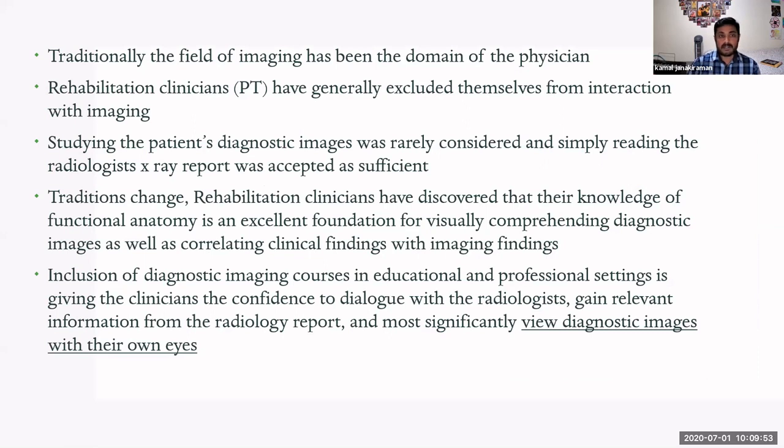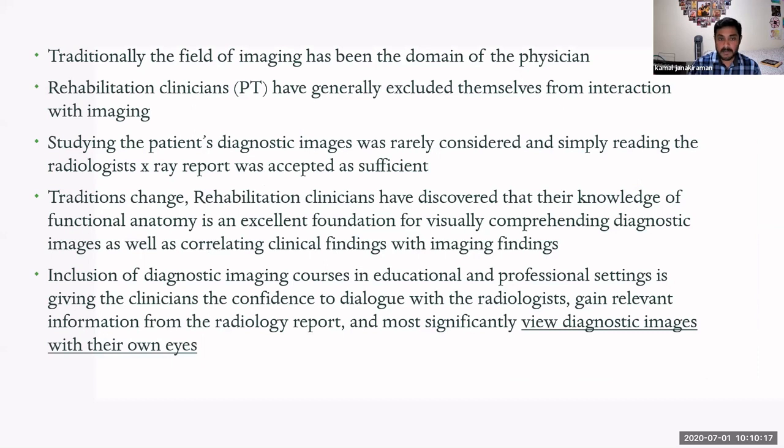From this point, if I say clinician, I am referring to the physiotherapist, okay? The clinicians have generally excluded themselves from interaction with the imaging. Studying the patient's diagnostic images was rarely considered, and simply reading the radiologist's X-ray report was accepted as sufficient.